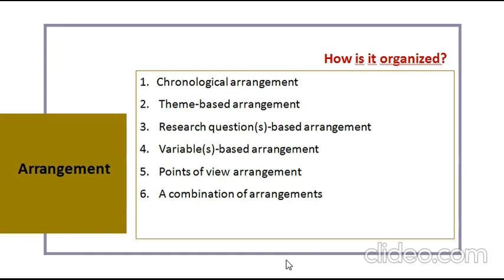The second possible arrangement of review of literature is a theme-based arrangement. In this case, the researcher classifies or categorizes and then describes the surveyed studies. For instance, a researcher compiles like 20 studies, and through reading about the tendencies of these studies, he finds that it is possible to group them into 3 major lines of research.